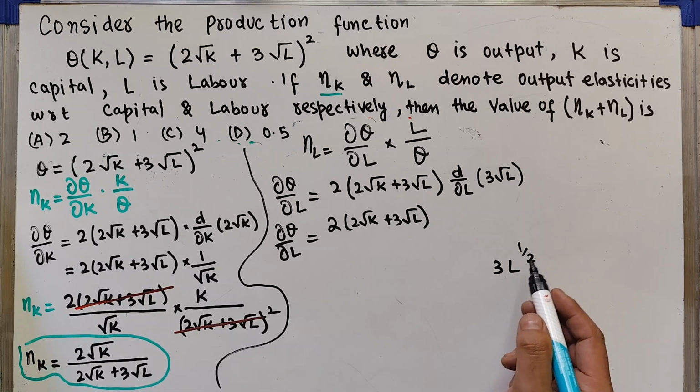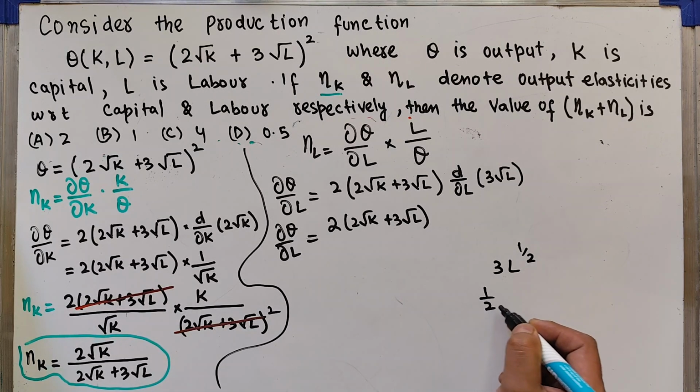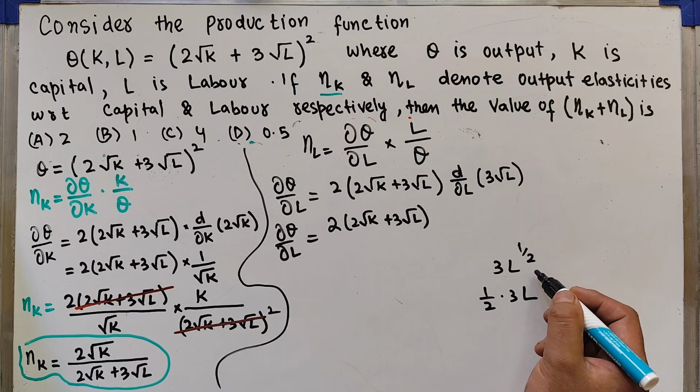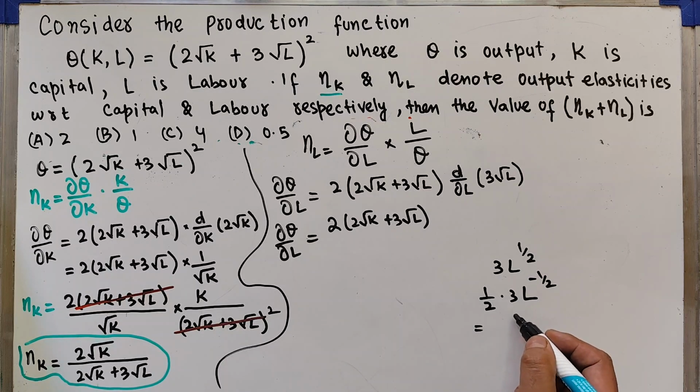Its derivative will be 1 upon 2 will become coefficient, so we will have 1 upon 2 into 3 L raised power, and exponent is subtracted by 1. 1 upon 2 minus 1 is minus 1 upon 2, and this can be written as 3 upon 2. Transposing this to the denominator, it will become plus 1 upon 2.